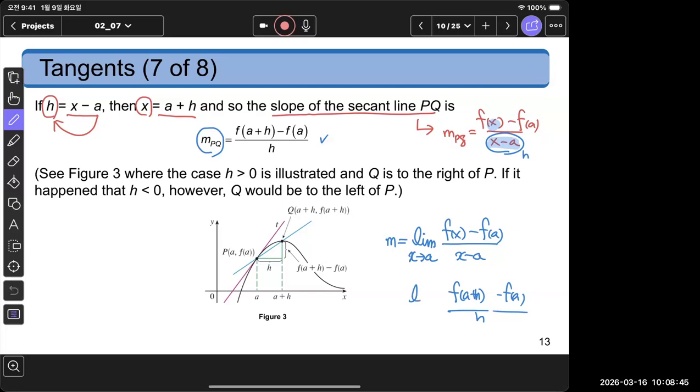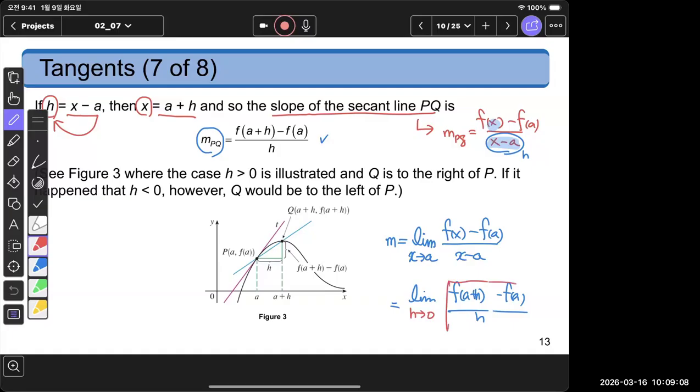So as x approaches a, the difference between a and x decreases to 0, and we use this expression as h goes to 0.